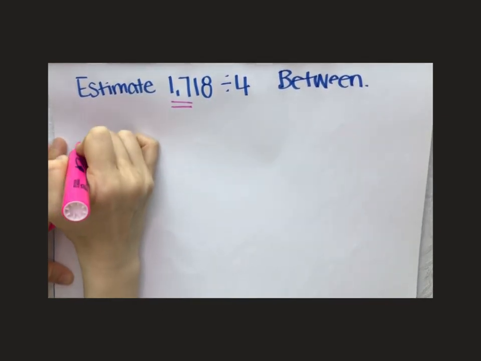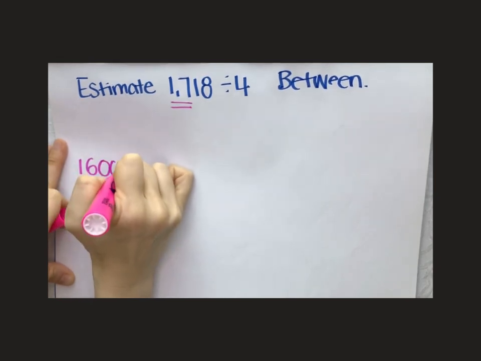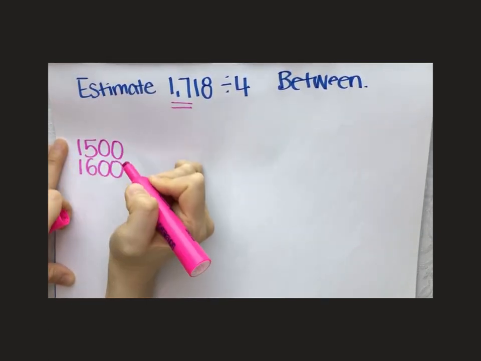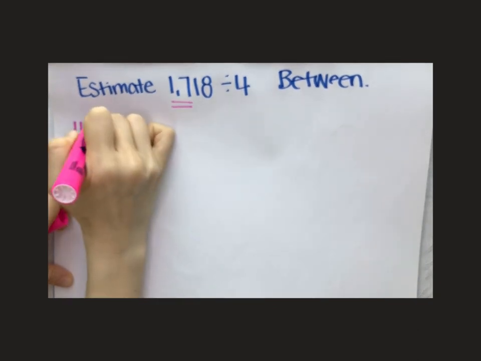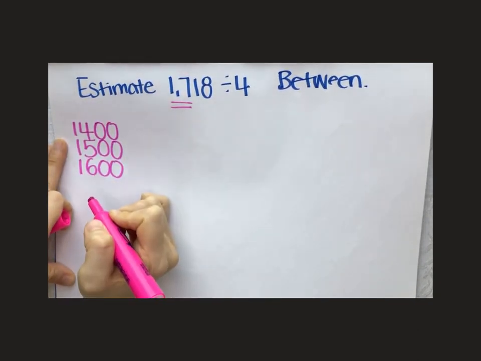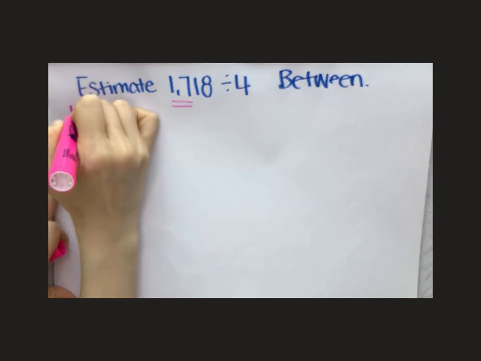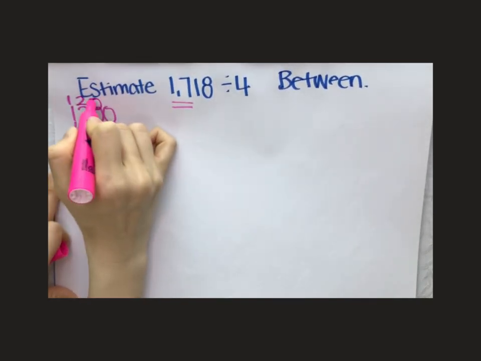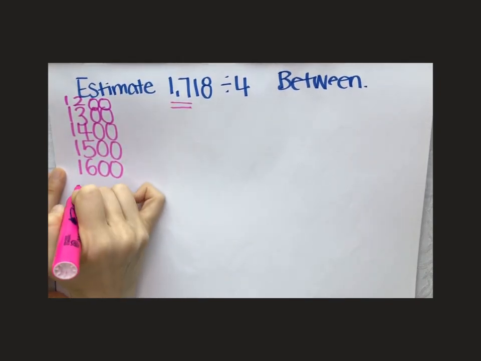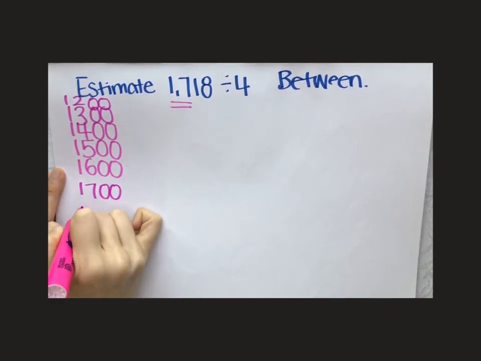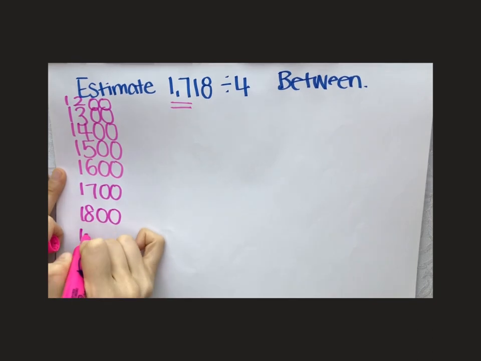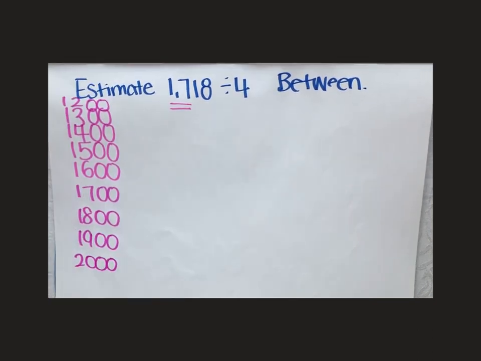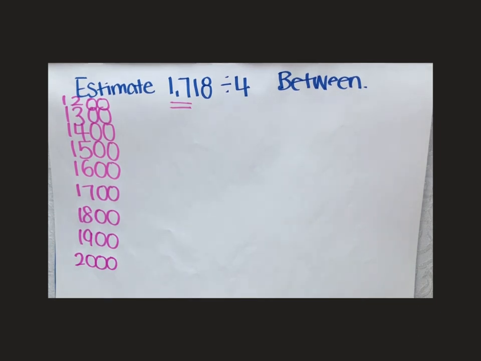I have 1,600, 1,500, 1,400, 1,300, and 1,200. Then I have 1,700, 1,800, 1,900, and 2,000. I just went above to be safe.